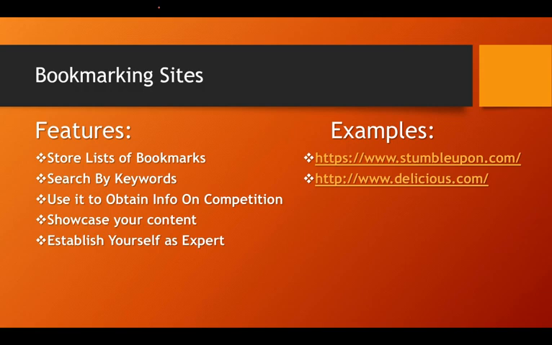Let's say you've got a great article you just wrote. I highly suggest taking that article and submitting that article to all the social bookmarking sites. You're not only going to get traffic from the sites, but it helps a little bit in your ranking as well. Don't expect that single strategy to shoot you up to number one or anything, but every little bit helps. And then, of course, you can establish yourself as an expert.